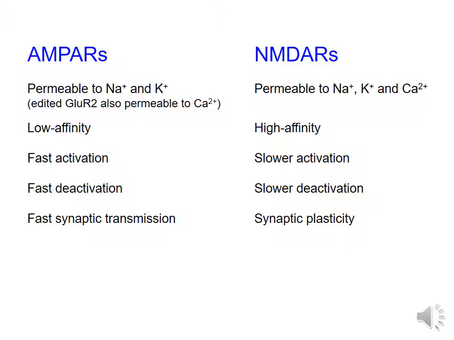On the other side, what we just saw in this video is that the NMDA receptors are permeable to all three cations: sodium, potassium, and calcium. They also have a very high affinity for their neurotransmitters, but the activation is slower, since there are different mechanisms that have to be coincident to fully activate these NMDA receptors.